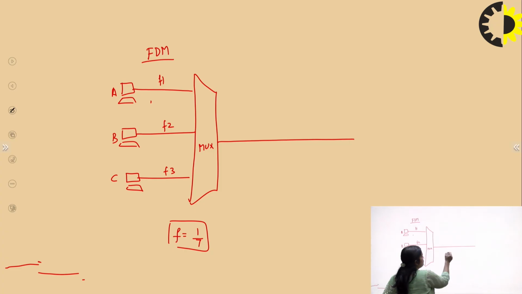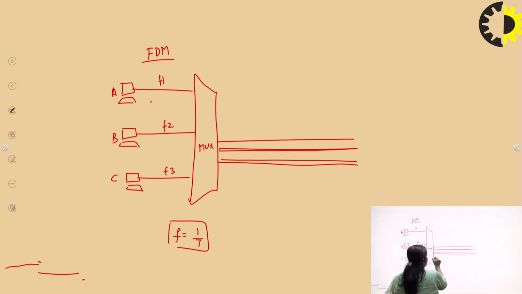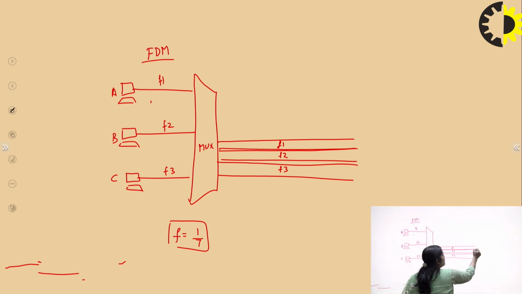There is one channel with a frequency, then a guard band, and then the next channel. That is, the F1 frequency, F2 frequency and F3 frequency are going on, and F1, F2 and F3 are separated by the guard band. This is called the guard band.